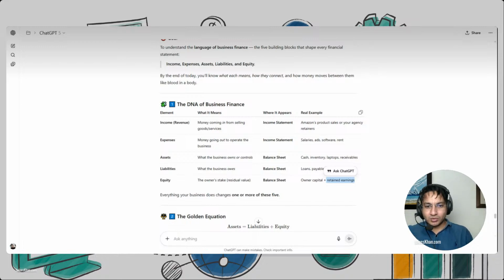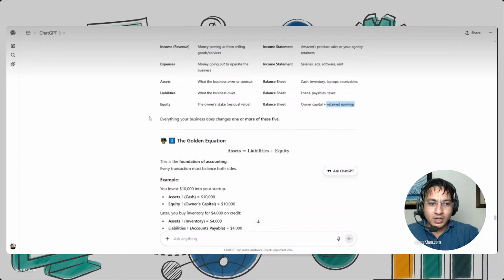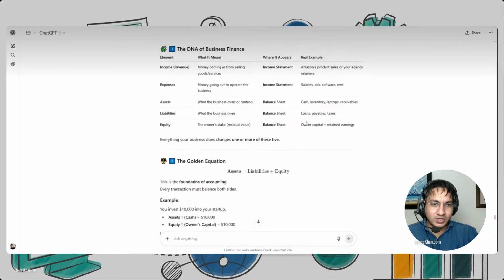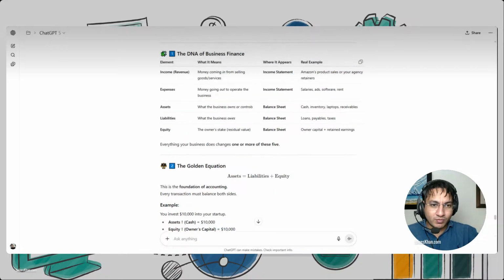Okay, so here's how it is. Everything your business does changes one or more of these things. If I sell more, I increase my income. If I hire more people, then my expenses increase.